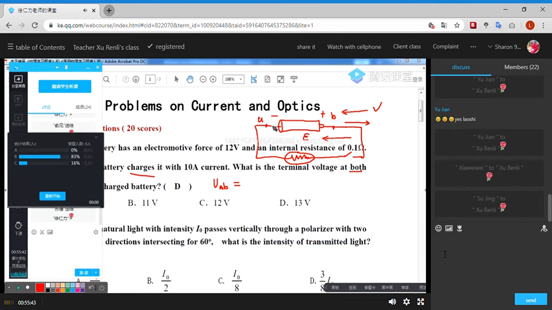Because we first touch the negative pole, it should be minus EMF.